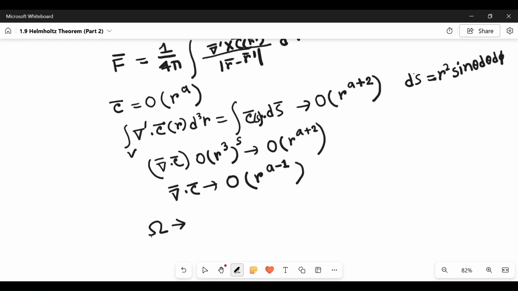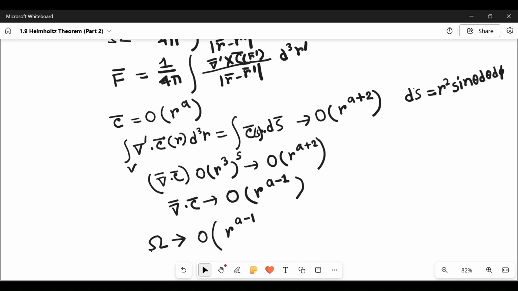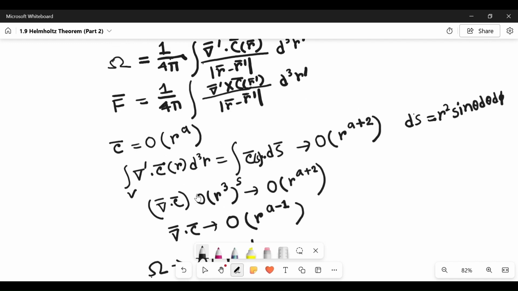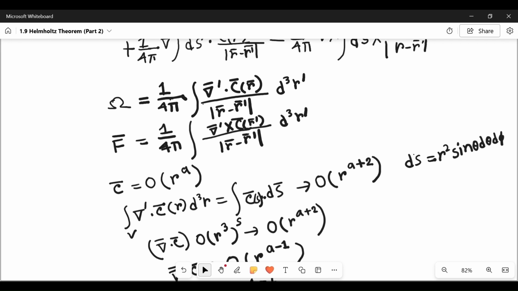So if we want to get the order of omega for the divergence of C, r to the power a minus 1 divided by r minus r prime, which is of order minus 1.